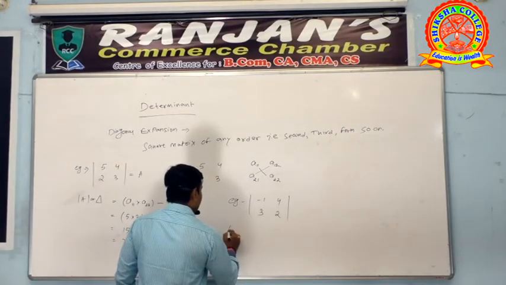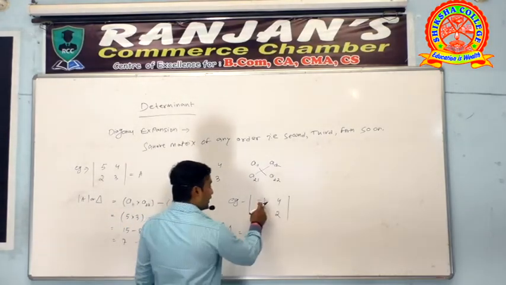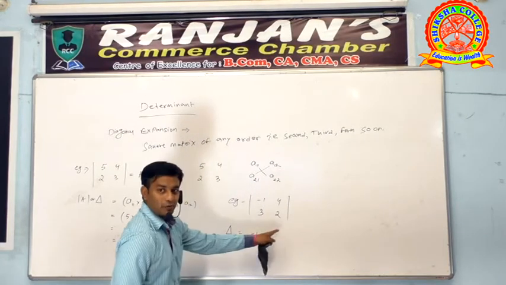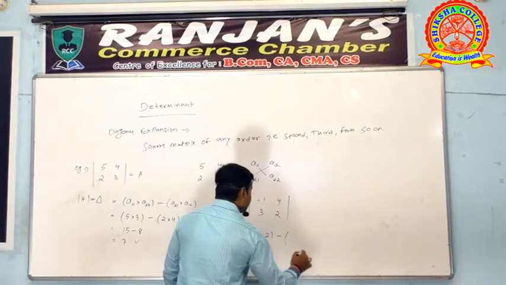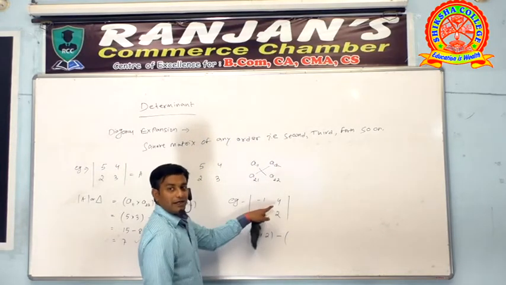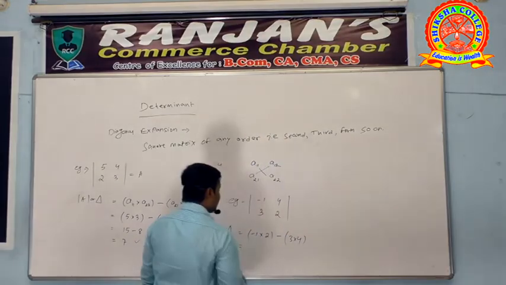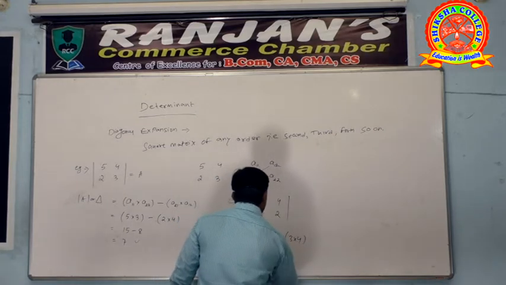Now it's very simple. Here the determinant is equal to A11, minus 1, into A22, 2, minus A21 into A12, that is 3 into 4. Now that is minus 2 minus 12.